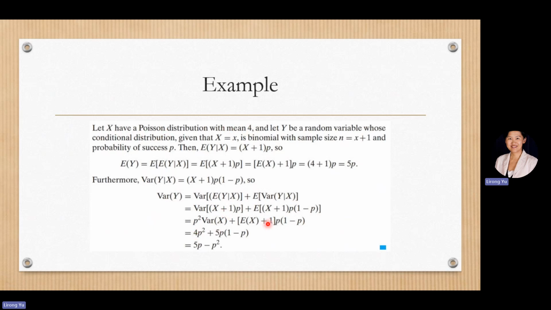So that's 4p squared, plus 5 times p times (1 minus p), and then we combine the like terms and have 5p minus p squared. That is the variance for Y. So it turns out the actual variance and actual mean for Y are both functions of p. P is constant. So even though originally we only knew the conditional behavior of the variable Y, we were able to figure it out. Any questions?